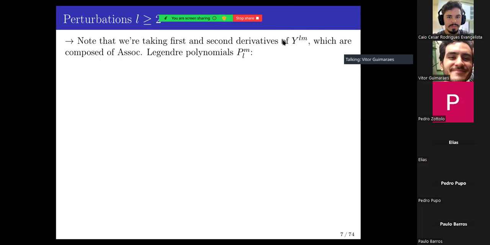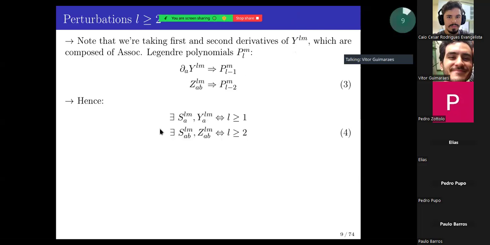These functions are composed of the associated Legendre polynomials, and when we take first and second derivatives of these polynomials, they decrease in order in L. This is a problem, which means that for these vectors to exist, L must be greater than or equal to 1. This is a property of the associated Legendre polynomials.